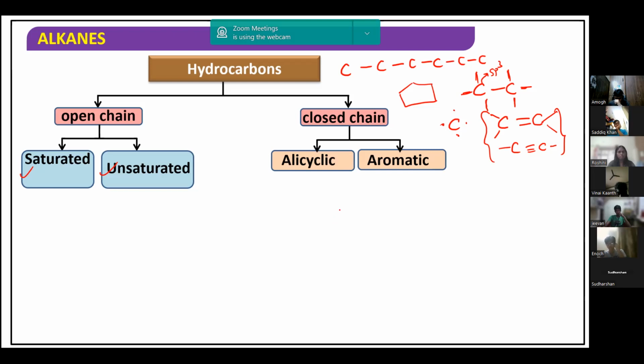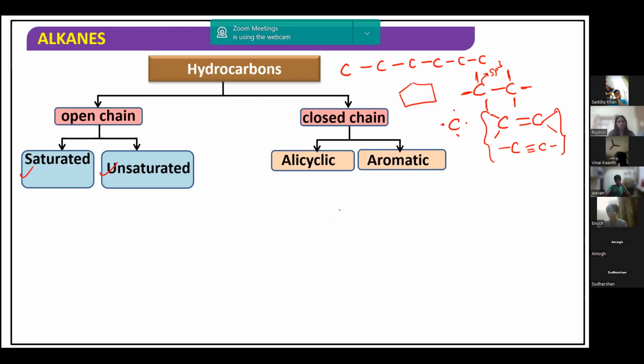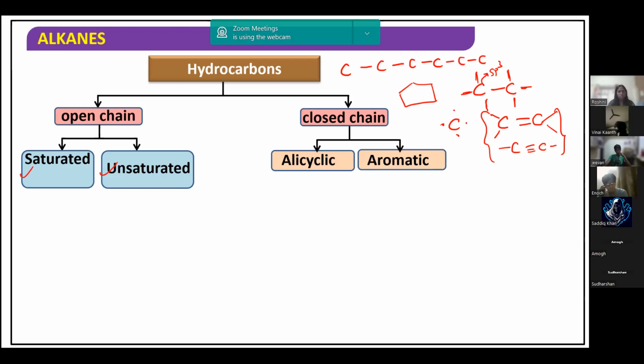If you want to call a compound aromatic, there are some criteria. I am going to discuss the criteria for a compound to be called aromatic in the later part of this chapter. Right now, aliphatic compounds have some characteristic properties, and aromatic compounds have some different characteristic properties.